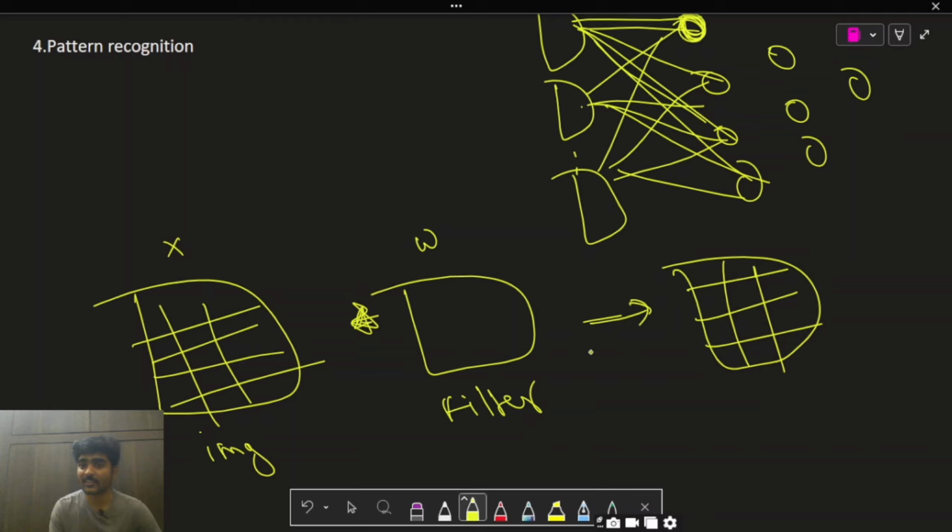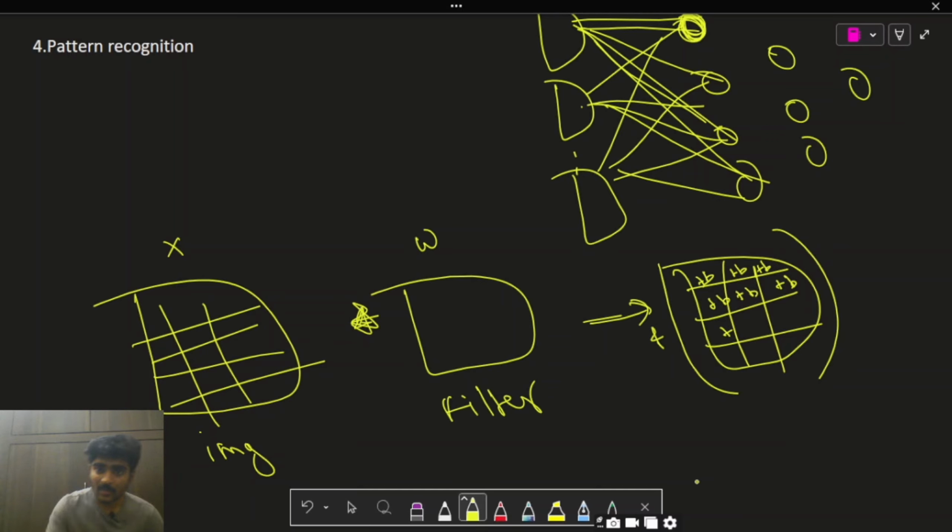Then I add bias to each pixel of the resultant feature map, and then I apply my activation function. You can use ReLU or any other activation function.